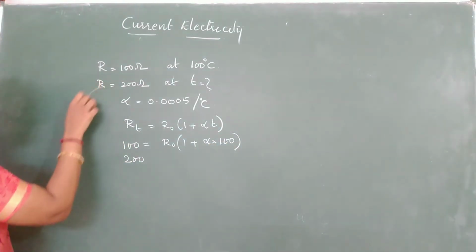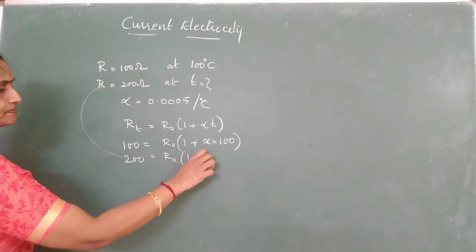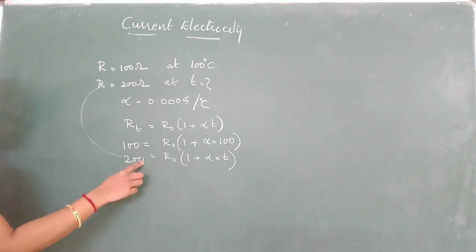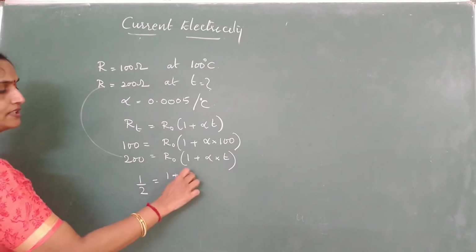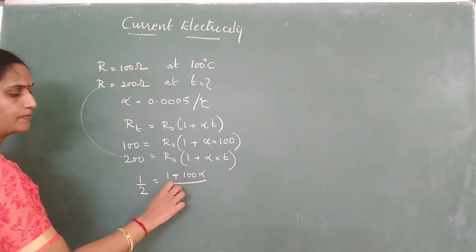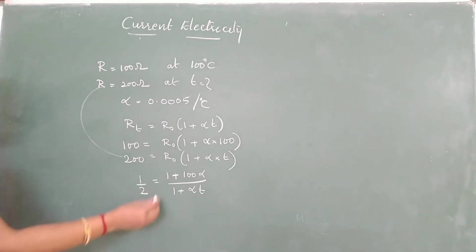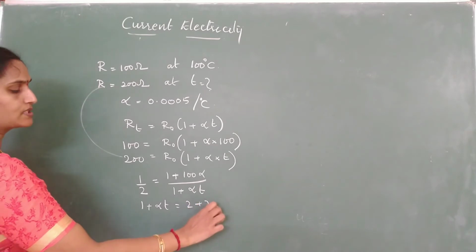Next equation, resistance has to become 200: R0 into (1 plus alpha T). Divide the two relations. 1 by 2 is (1 plus 100 alpha) by (1 plus alpha T). Cross multiply and simplify this relation. 1 plus alpha T is 2 plus 200 alpha.